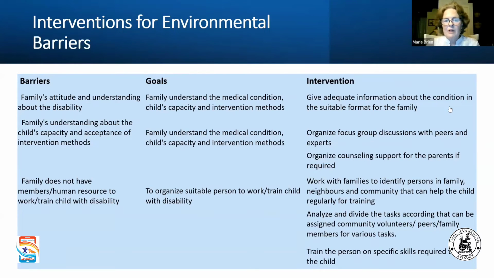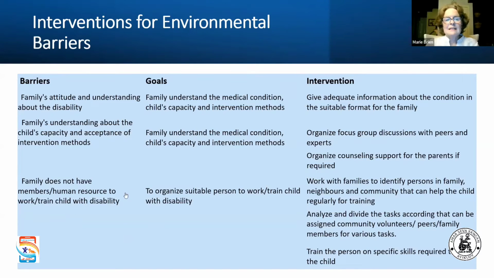We will also organize focus group discussions, sometimes with peers. We have parent groups. We also have counseling support with the parents, parent groups to really work on understanding the condition, the disability, and also trying to work on the attitudinal barriers.